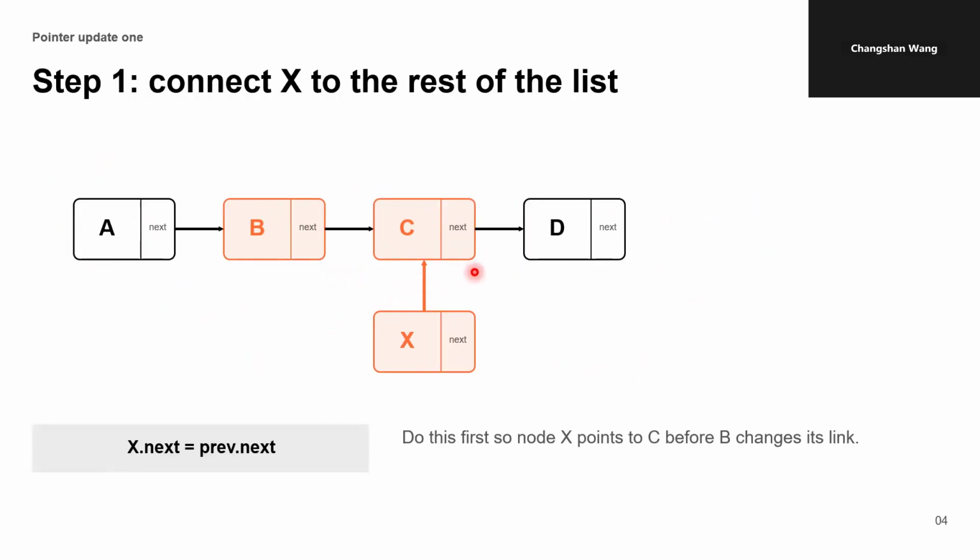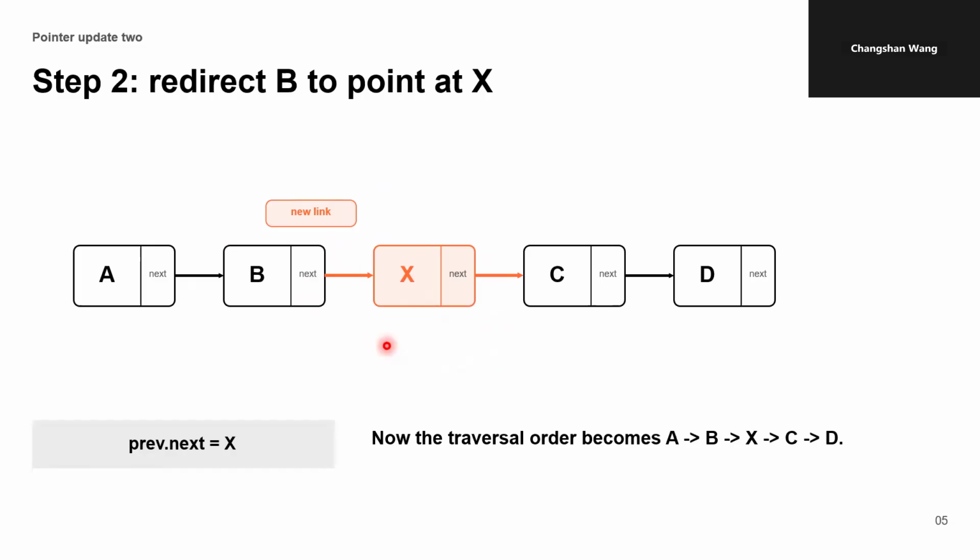The first step is to make the pointer of the X node point to the C. And then we will make the pointer of B point to the X. So the new linked list will be like that.